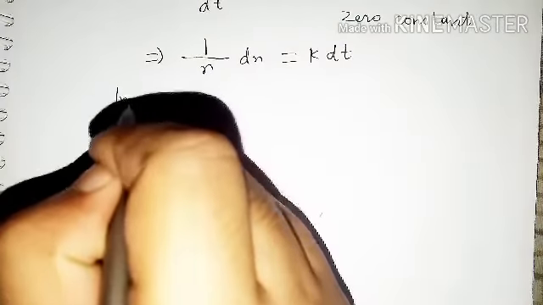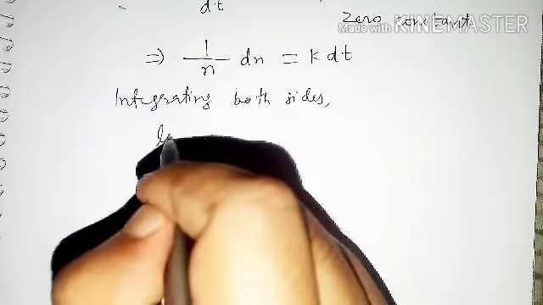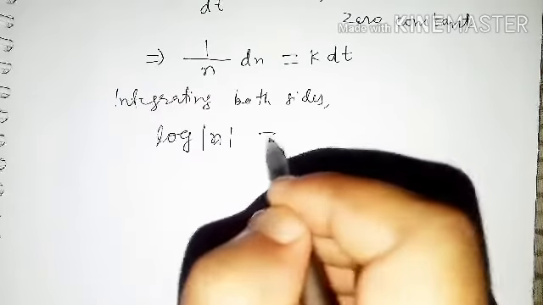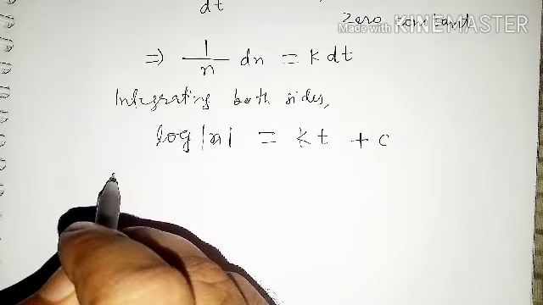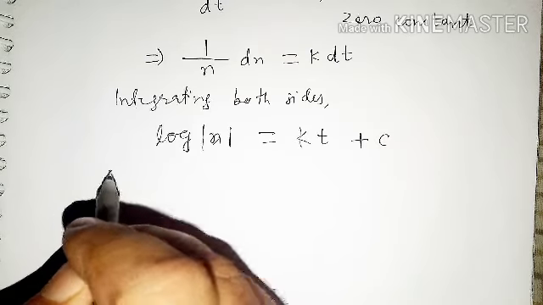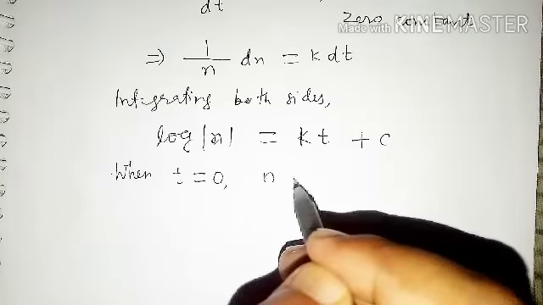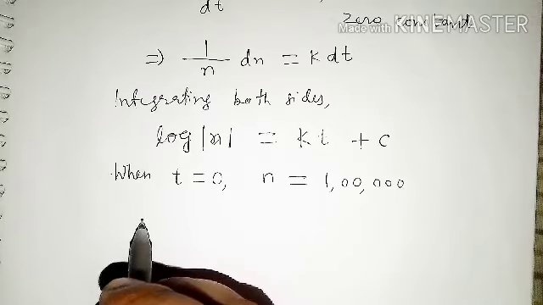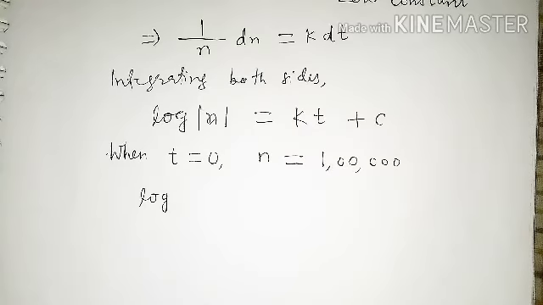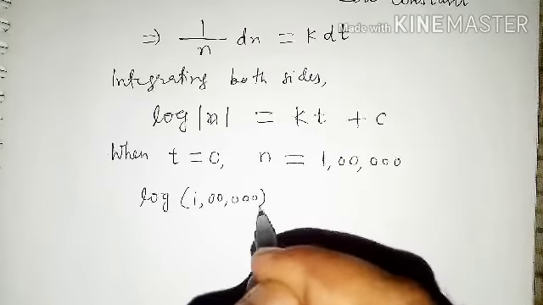Integrating both sides, we have log mod n is equal to kt plus c. It is given that initially when t is equal to 0, n is equal to 1 lakh. So we have log 1 lakh is equal to c.